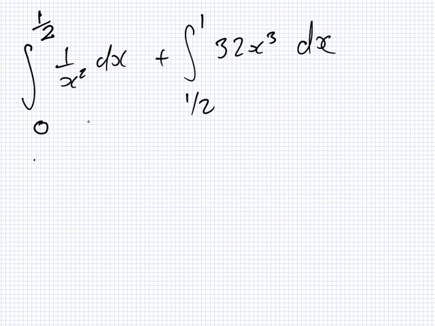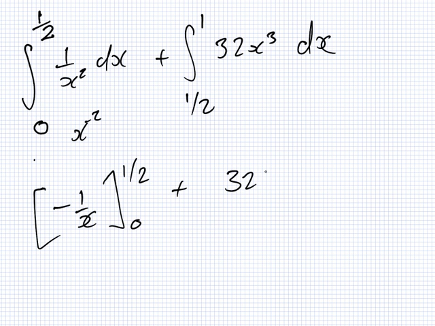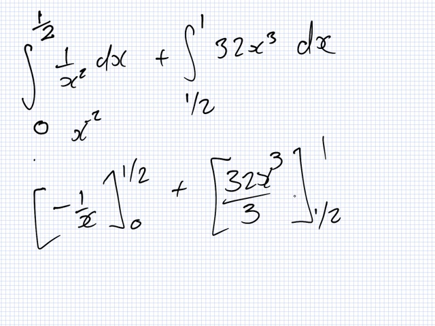So this one here, this is x to the minus 2, so you get minus 1 x to the minus 1. So the first one here will be minus 1 over x, 0 to 1/2, plus 32x cubed over 3. So 0 to 1/2 to get this piece. Oh, very good. Thank you.